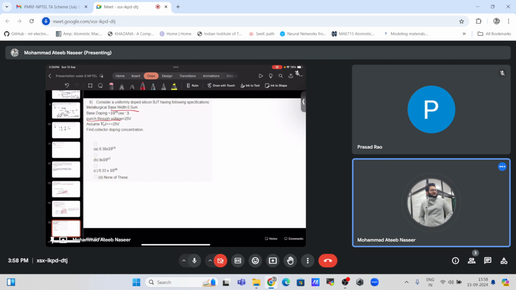So if we have to find the collector doping concentration, let us write it like this: NC and NB are the collector and base doping concentrations.